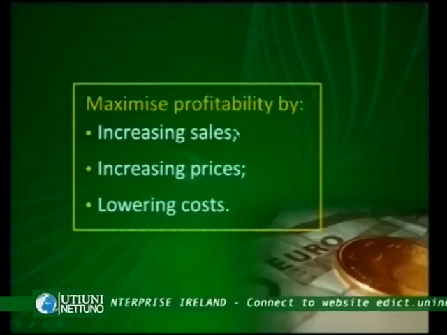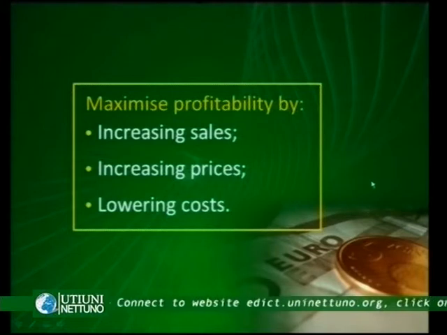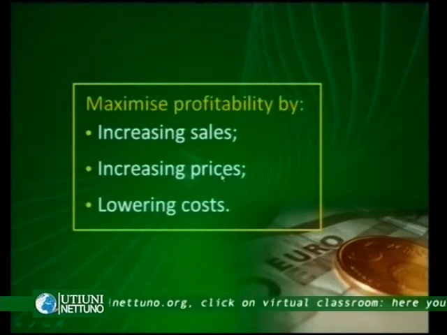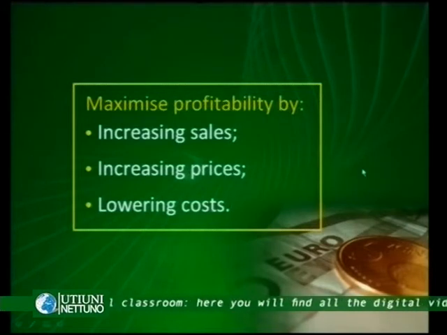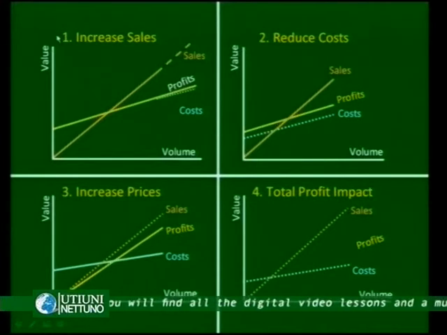The next one then is maximize profitability, and this can be done in 3 ways: by increasing your sales, by increasing your prices, or by lowering your costs. Let's look at examples of these. The first one here is increase sales.